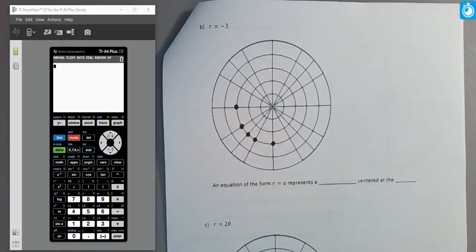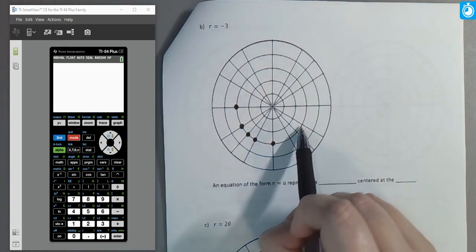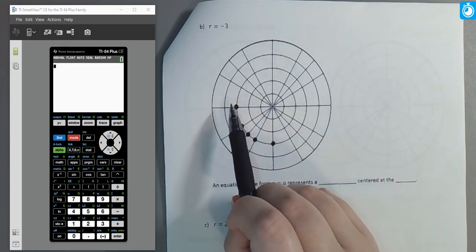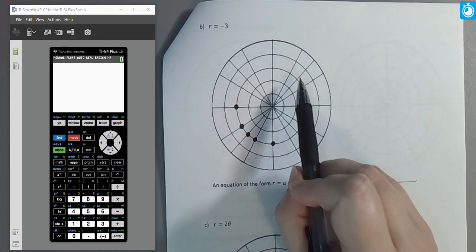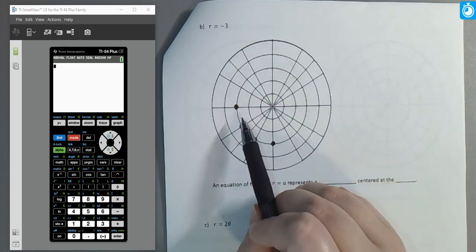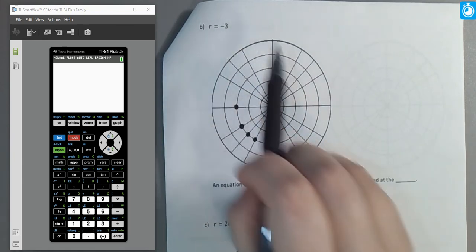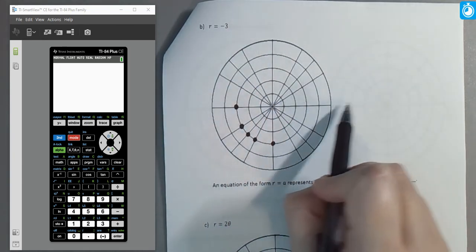And you can probably see the pattern. Every single time we graph a point, it's going to be a point along the third ring. So if we were to continue all the way around out to 2 pi radians, we would come full circle, and literally we would be graphing a circle. But notice in this case, because r is negative, we're not starting along the positive polar axis.